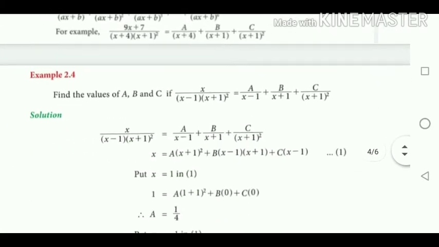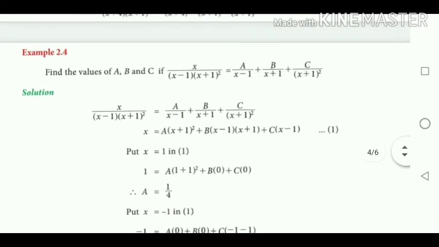Okay, so find the value of a, b, c if x by (x minus 1) into (x plus 1) whole square equal to a by x minus 1 plus b by x plus 1 plus c by (x plus 1) whole square. Listen, in the c term the power is given, that is x plus 1 whole square is given. The question is like this.